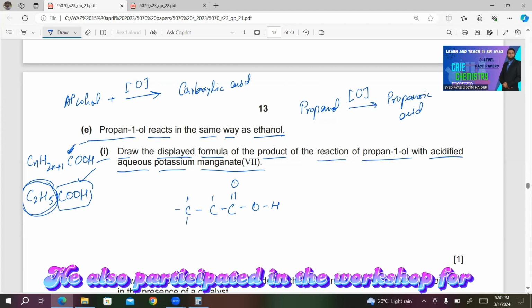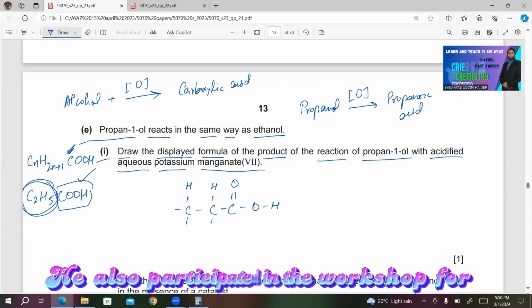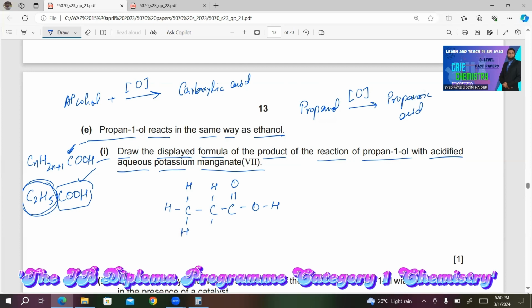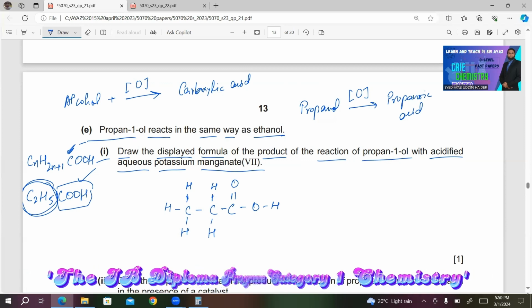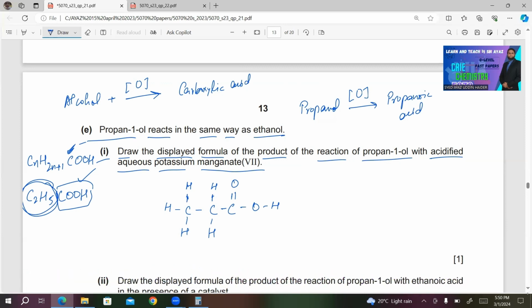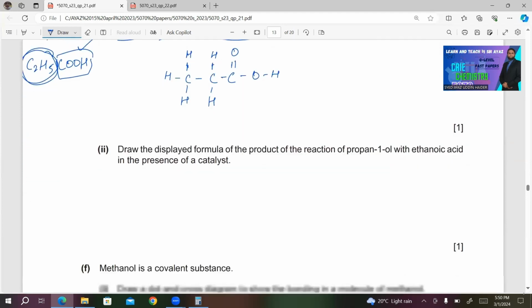Show hydrogen: 1, 2, 3, 4, 5. The formula C2H5 COOH is fulfilled here. So this will be the final displayed formula of the product obtained when propane-1-ol is oxidized, or treated with acidified aqueous potassium manganate(VII).